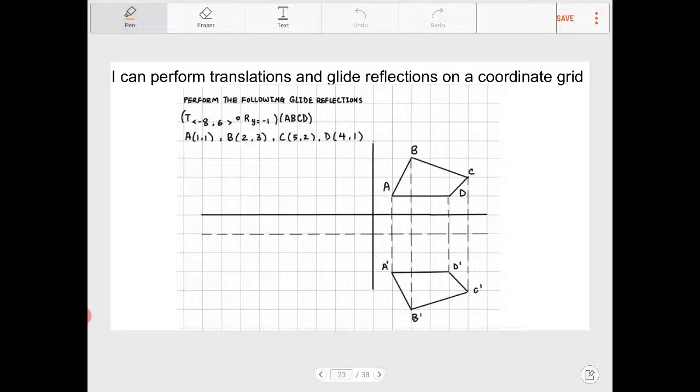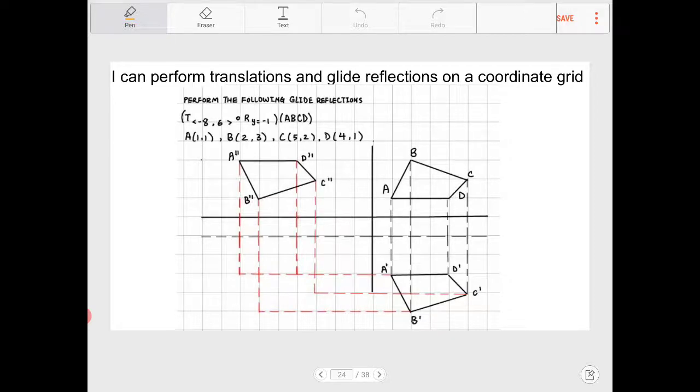And A prime, B prime, C prime, D prime will all end up in the fourth quadrant. And then afterwards, we're going to perform a translation, which means in this case we are going to move 8 units to the left and 6 units up. And we're going to end up there. And these are our coordinates for A double prime, B double prime, C double prime, and D double prime.